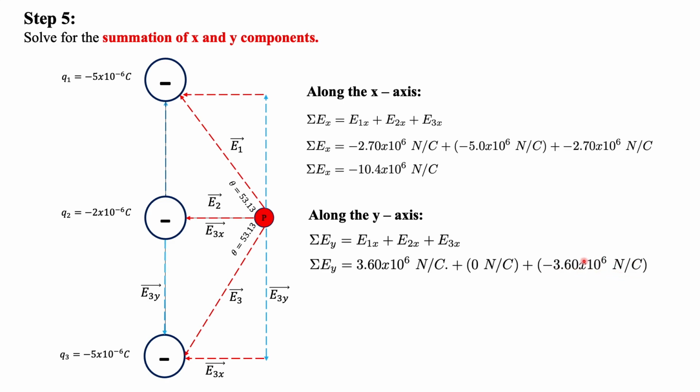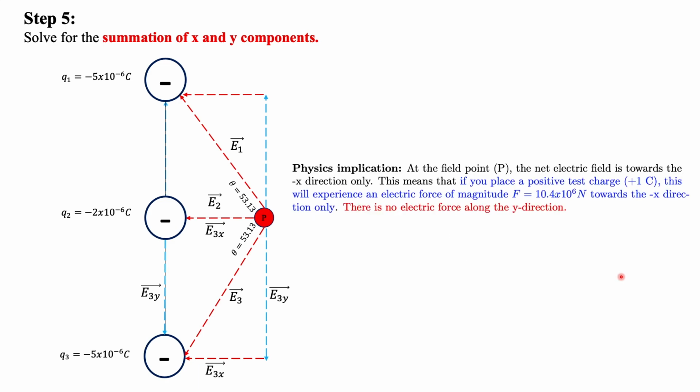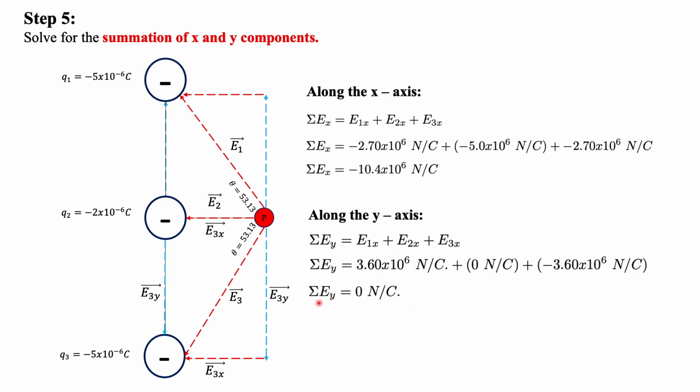So obviously your Ey is 0 in this case. That means that at the field point P over here, the net electric field is towards the negative x direction only, because Ey is 0 and Ex is negative 10.4 times 10 to the 6.